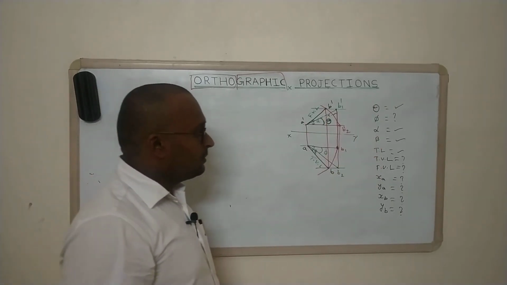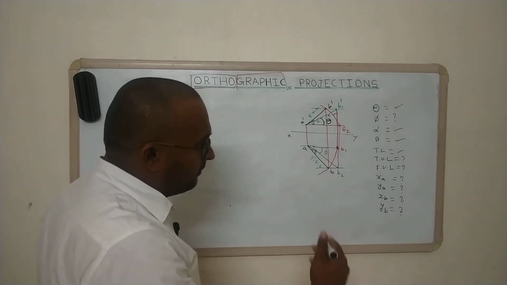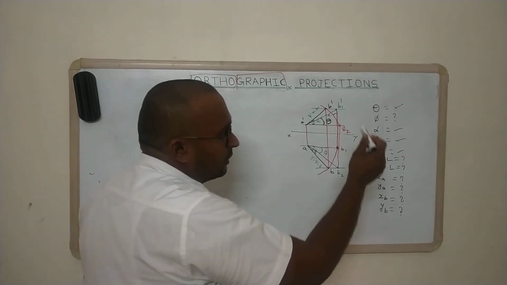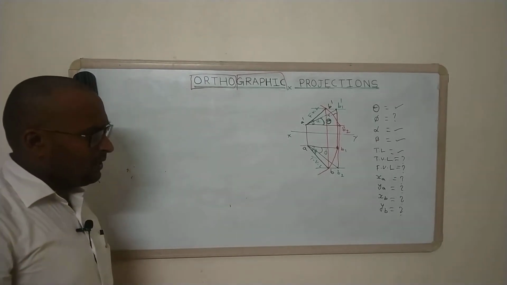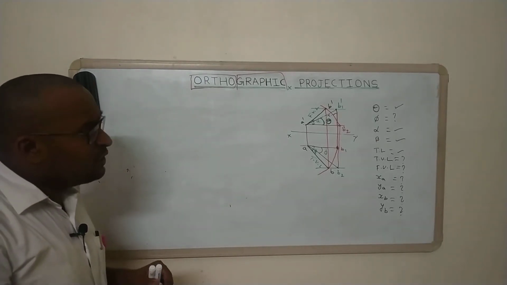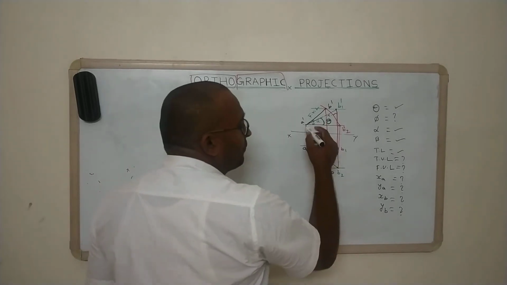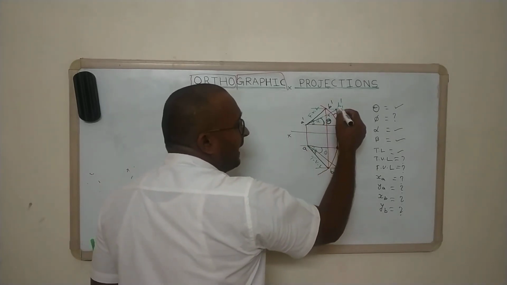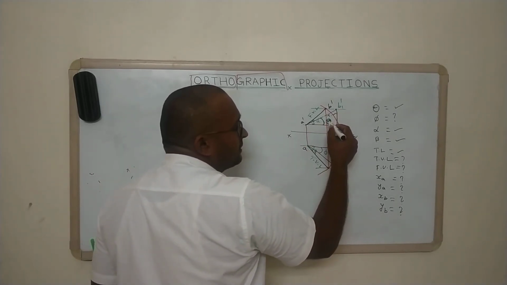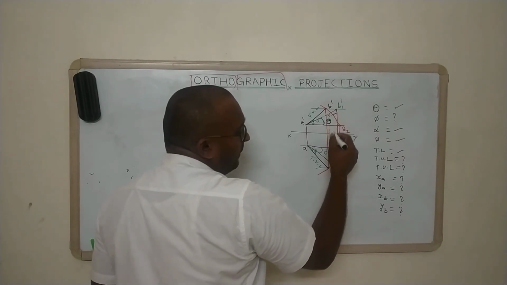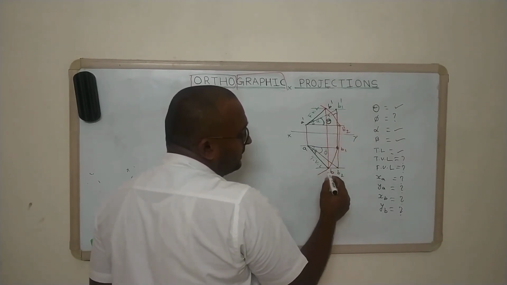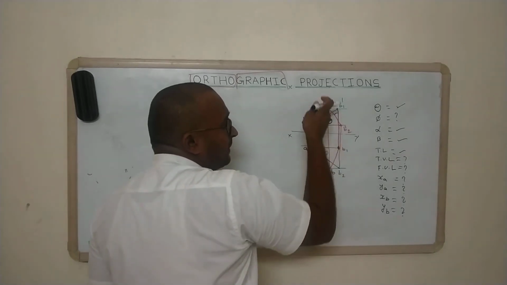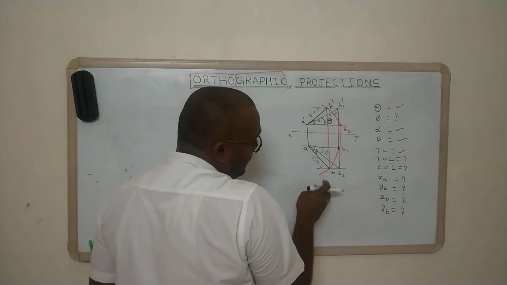Clear? So while solving the problems, definitely you may notice all those points. The initial step is we must imagine that the line is inclined at an angle of theta degrees with respect to the horizontal plane, and then we need to get the finalized top view. Based upon that, we need to construct the vertical line.